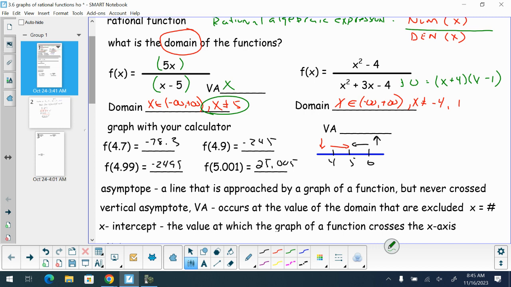Vertical lines are in the form x equals, so we have a vertical asymptote at x equals 5. The values we have to eliminate in the second one are -4 and 1. So we have vertical asymptotes at x equals -4 and x equals 1.